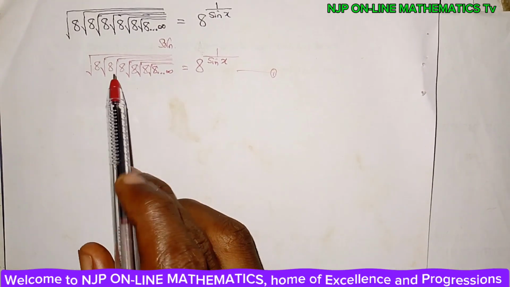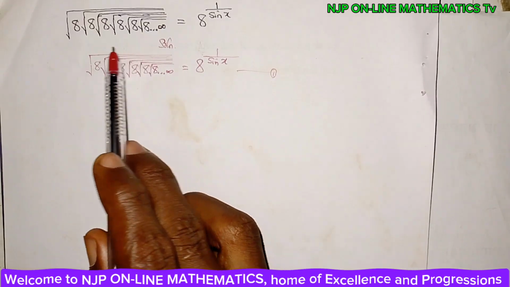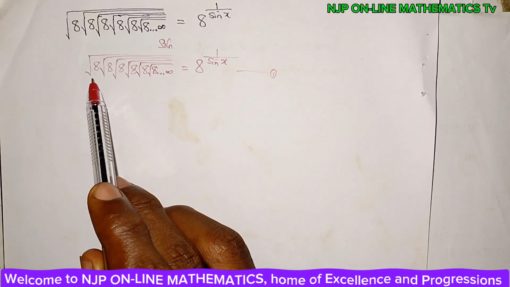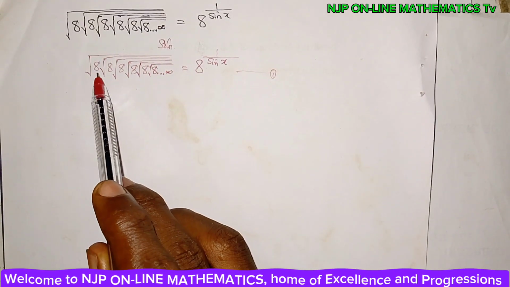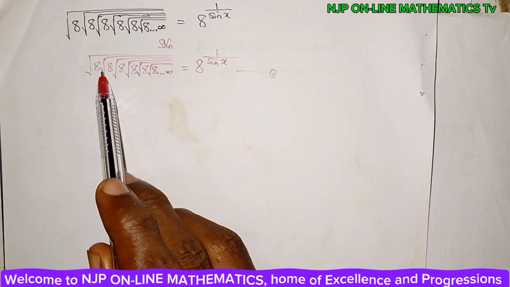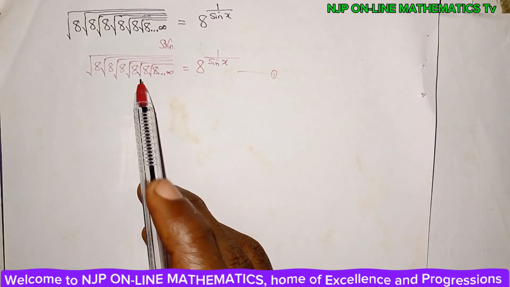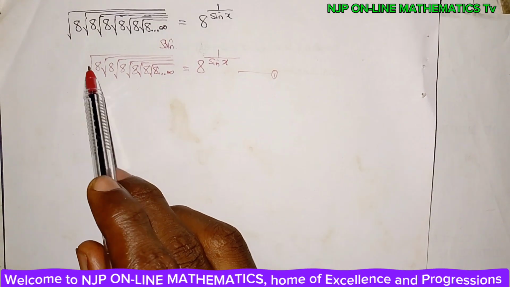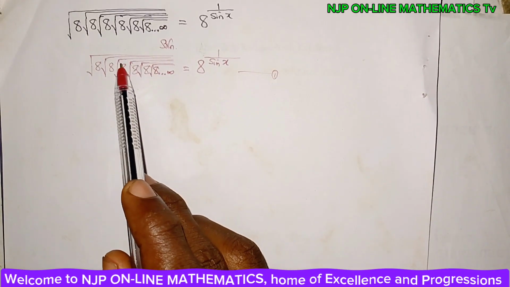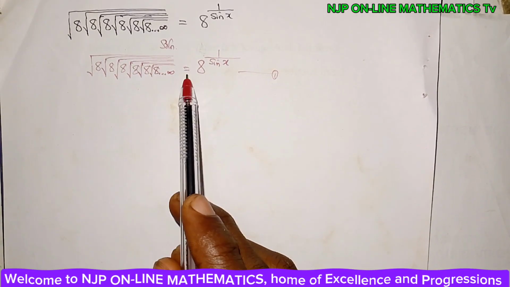Since this expression has root in it, and it continues with the root of 8 multiplying the root of 8, we have to determine a single value for the whole expression on the left hand side of this equation.